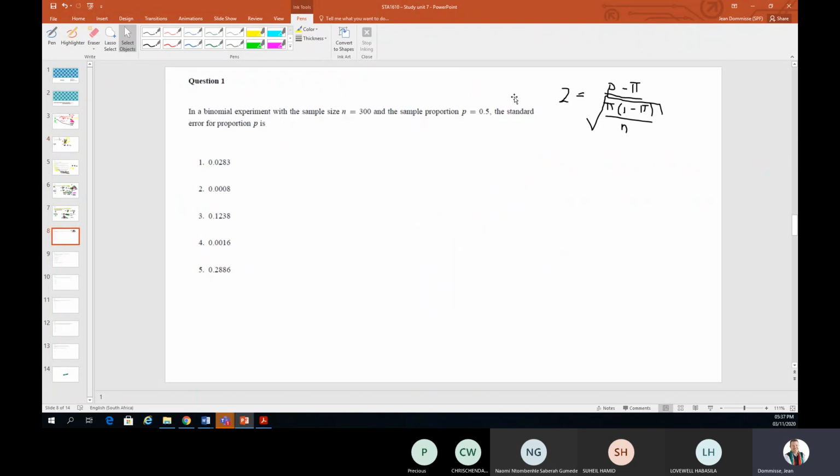It's exactly the same when we deal with proportion. So this part is equal to your standard error.